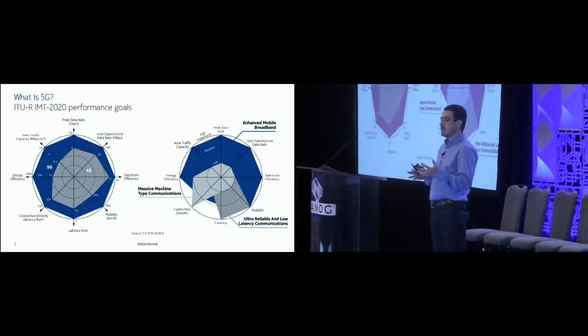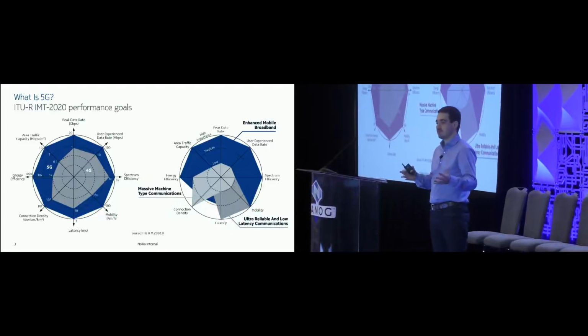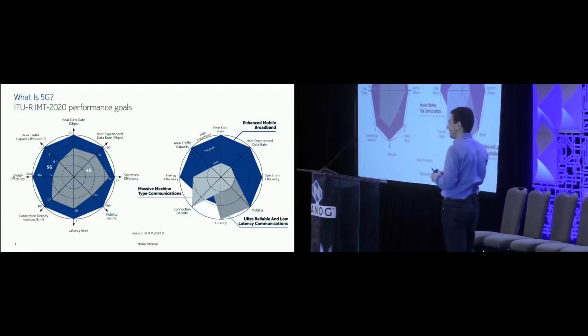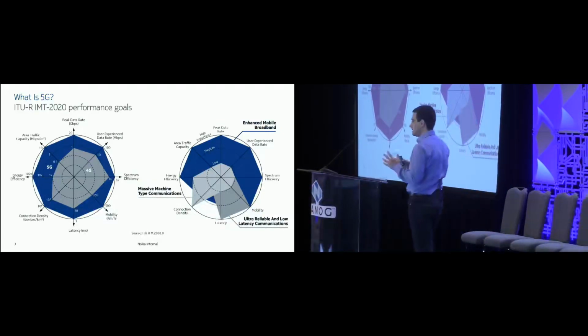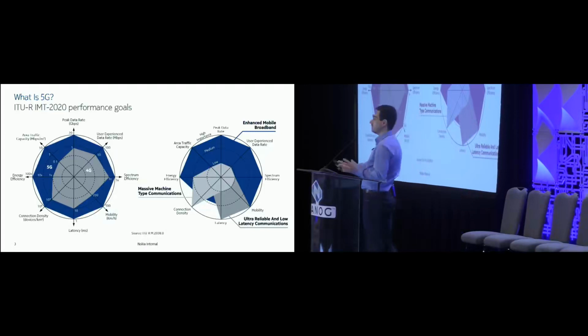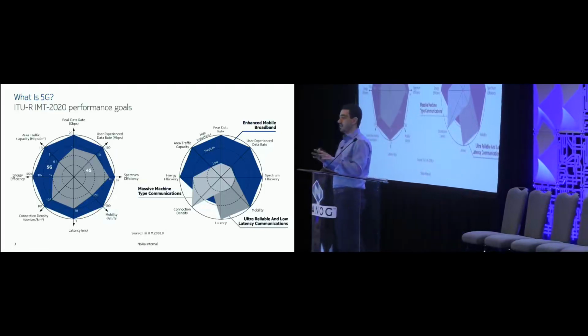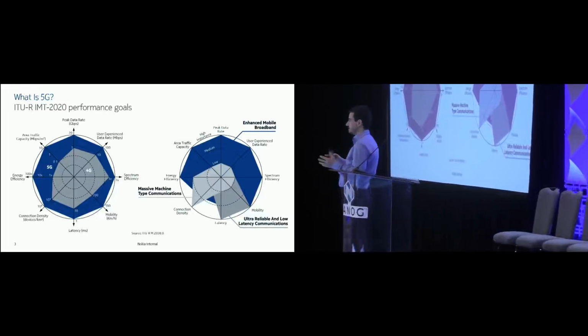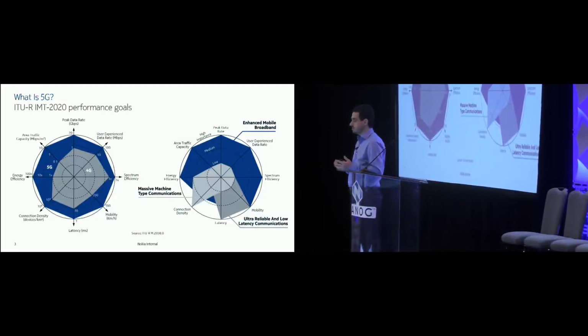And the big question is, what do you do with all of that? What is the application? Is there a killer application? Is there a reason why you actually want all of this? So the ITU went ahead and put the graph on the right, specifying the technology for three main use cases. Whenever you read the standards for 5G, you're going to see all three of those use cases.